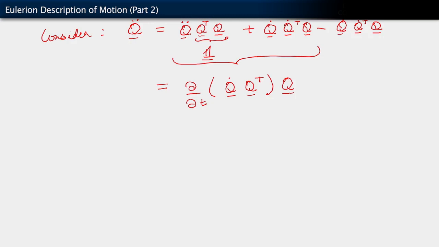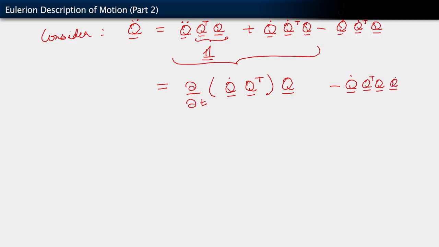The partial with respect to time of Q dot Q transpose gives us the first two terms on the previous line. And then, of course, I have this term, minus Q dot. Now, here I'm going to do something else. I'm going to put in a Q transpose Q.